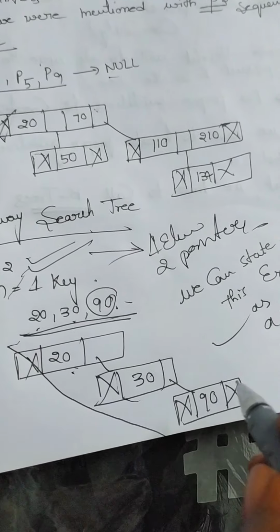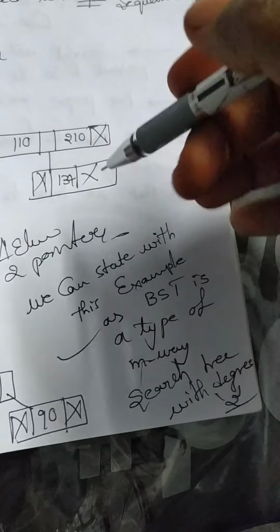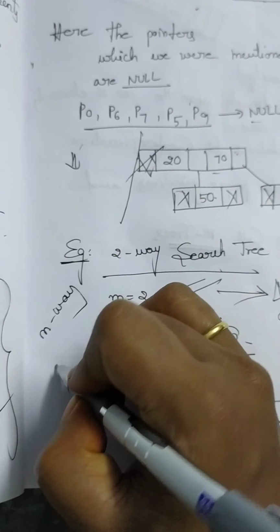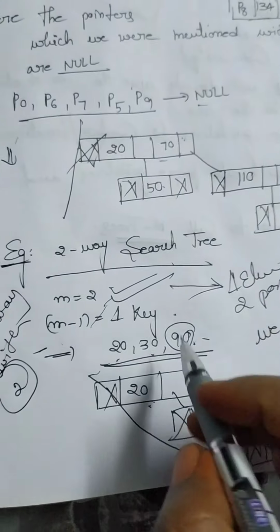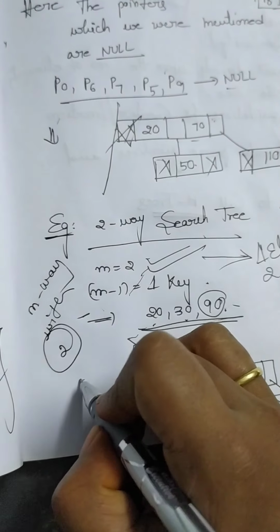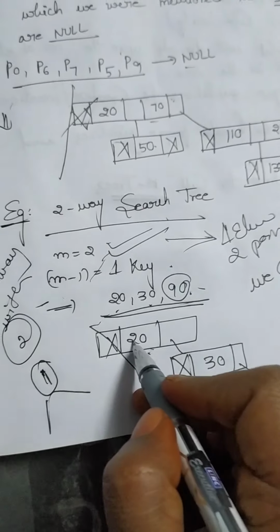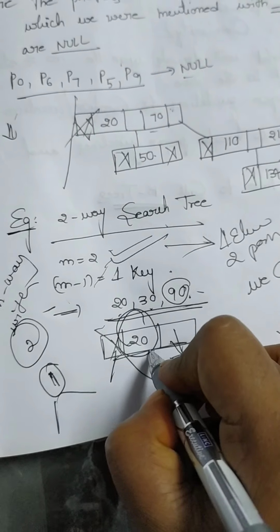We can state with this example that a BST, that is a binary search tree, is a type of M-way search tree with order 2. Why? Because in a binary search tree also we have only one element and 2 children, so here we have 2 pointers for children and only one element in the middle.